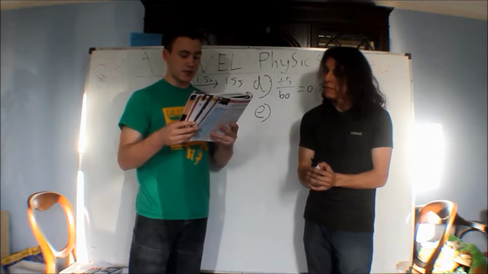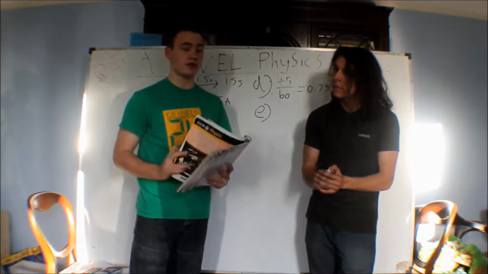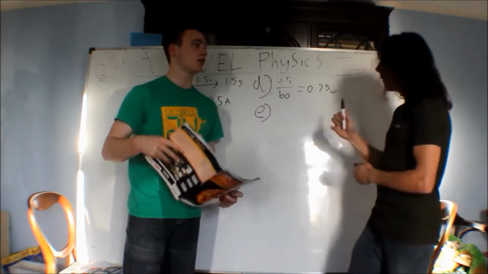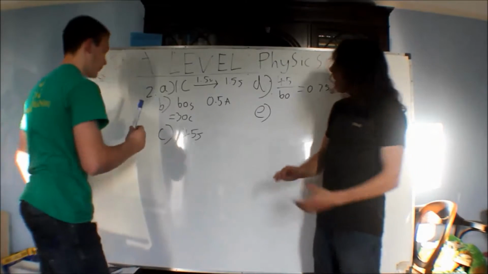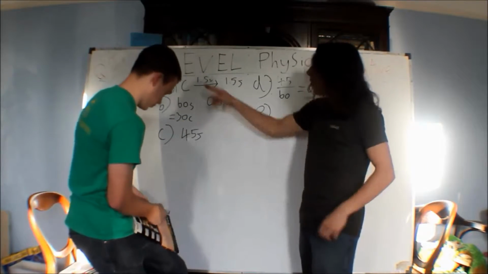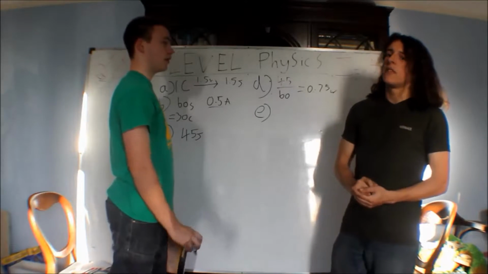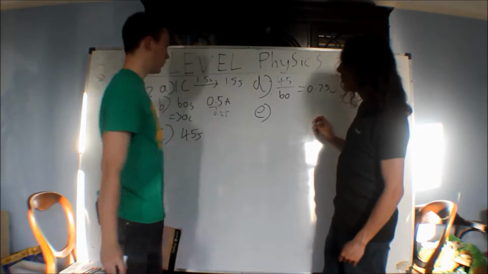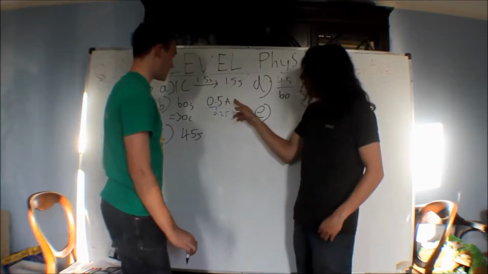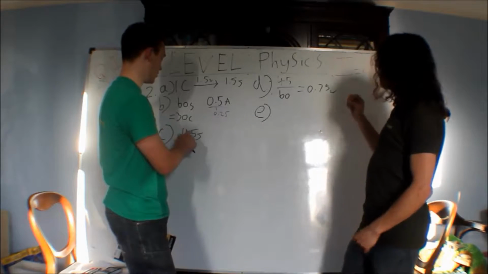So first, is the power of the cell the same as in part D when it is delivering 0.25 amps? If we look back at the amount of amps we had before and our equation of Q equals IT, we're basically saying what happens if we decrease I. If we halve this, that's the same as halving that, which is then the same as decreasing that.